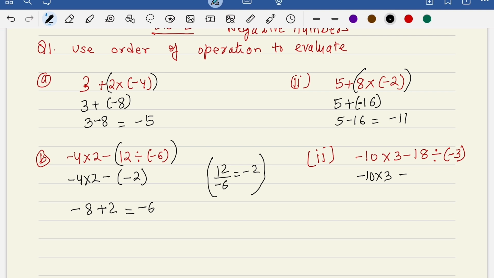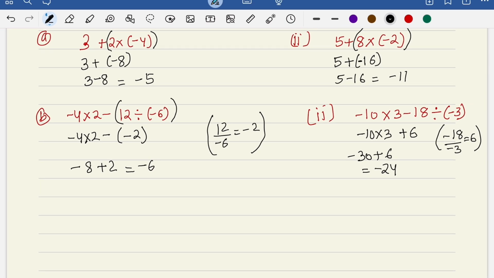Minus 18 divided by minus 3 is plus 6, because minus and minus cancel out. So it is minus 10 into 3 is minus 30 plus 6. So 6 minus 30 is minus 24.